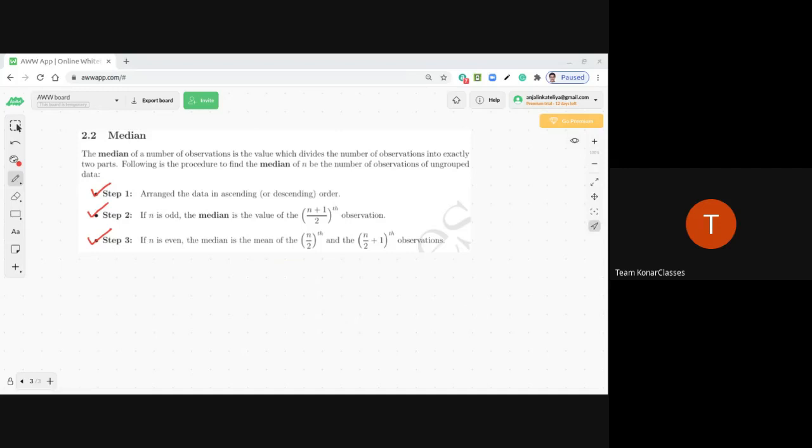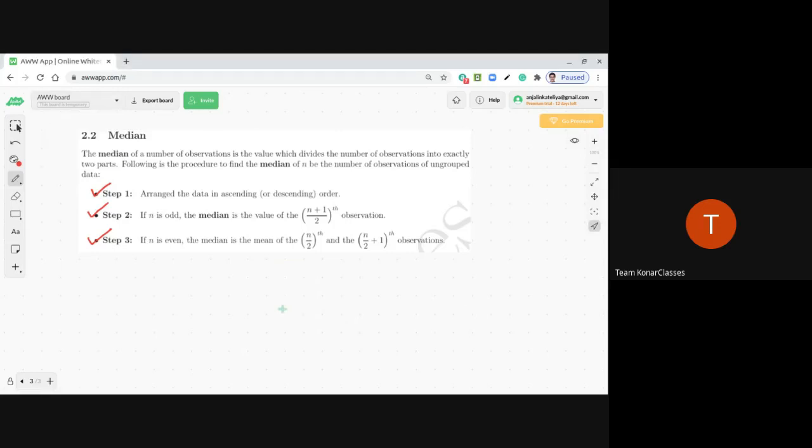Now let us understand by means of a real example. Let us consider the runs scored by two batsmen in their last 10 matches. I'm going to share this with you, dear students.